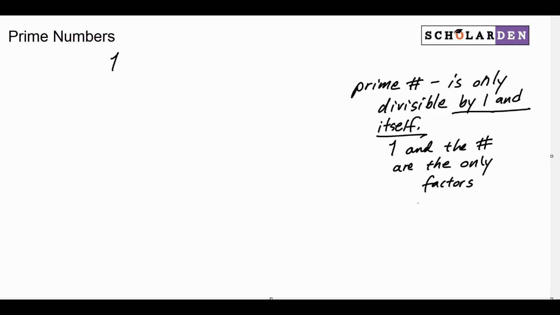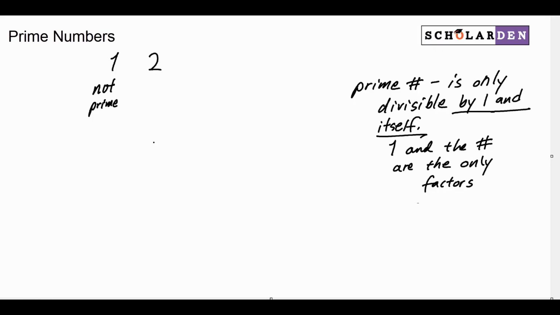So if you think of that as requiring 2 factors, 1 and a different number besides 1, then by that definition, 1 is not prime. Because it's divisible by 1, but not some other number. So 1 is not considered prime.